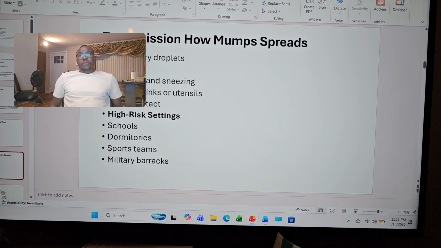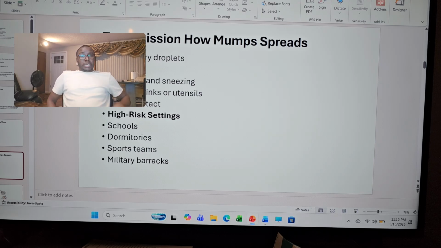Transmission. How mumps spreads: respiratory droplets, saliva, coughing, and sneezing. So it's advisable for people, whenever you're sneezing or coughing, to cover your mouth. You can use your elbow if you're sneezing and also coughing.